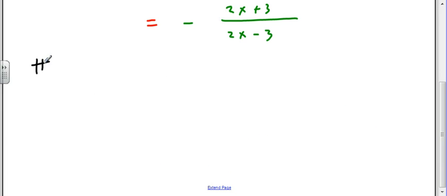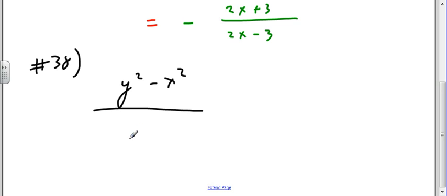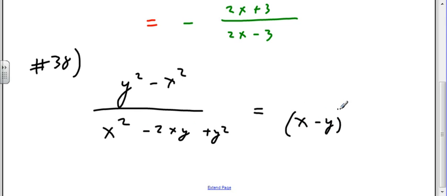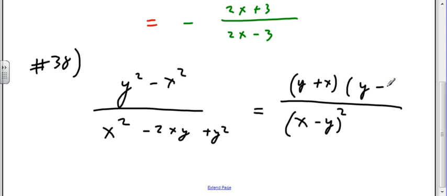Number 38. Y squared minus x squared divided by x squared minus 2xy plus y squared. Okay, I recognize the bottom as x minus y squared. And the top I recognize as y plus x, y minus x.